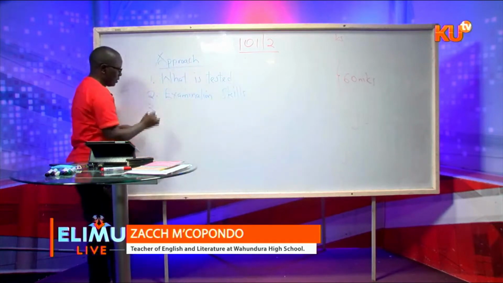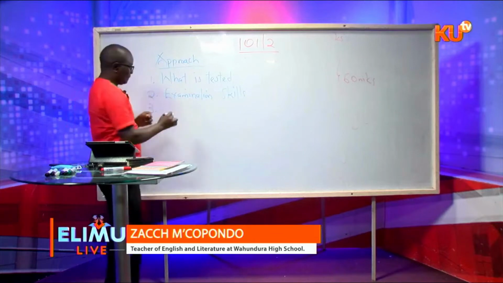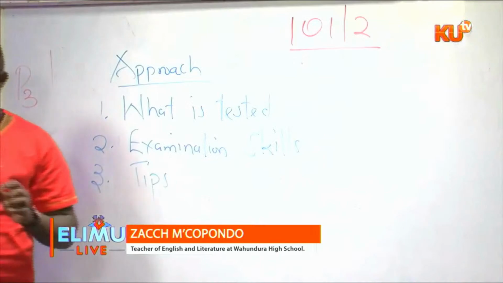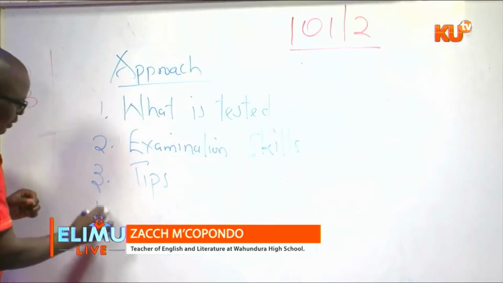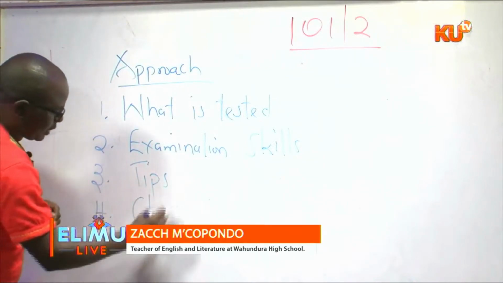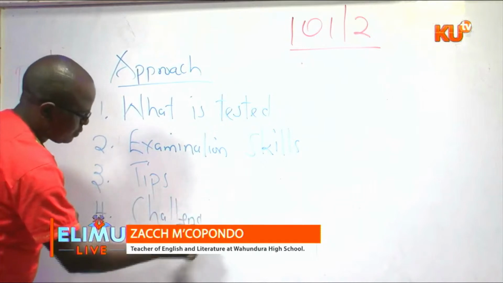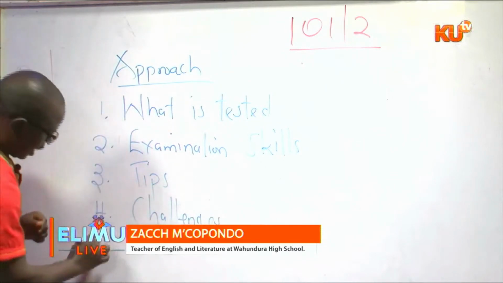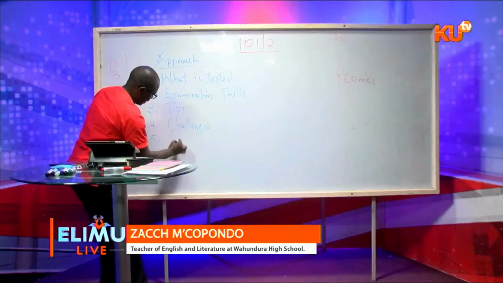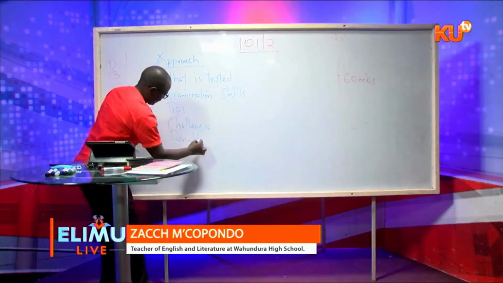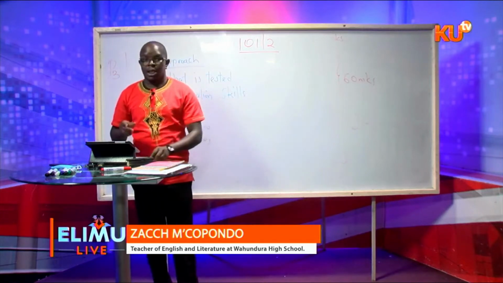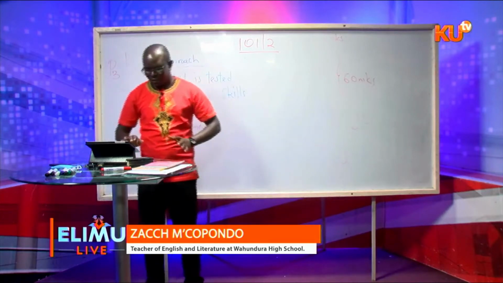Number 3, the tips on how to handle each and every question. Then we'll also look at the challenges the students face in handling different questions. And the 5th aspect is penalties. Penalties are associated with each and every question if you don't get it right.